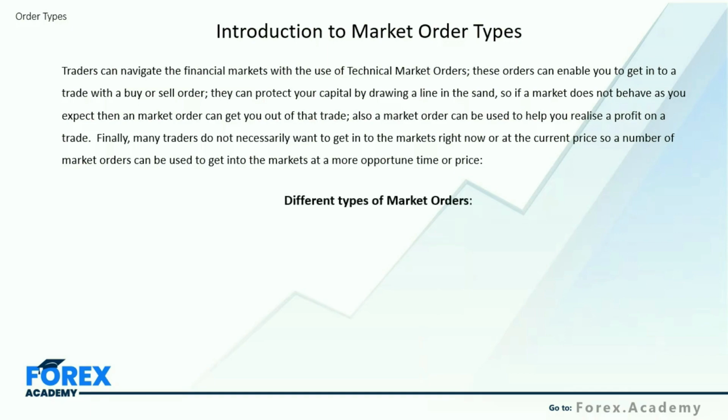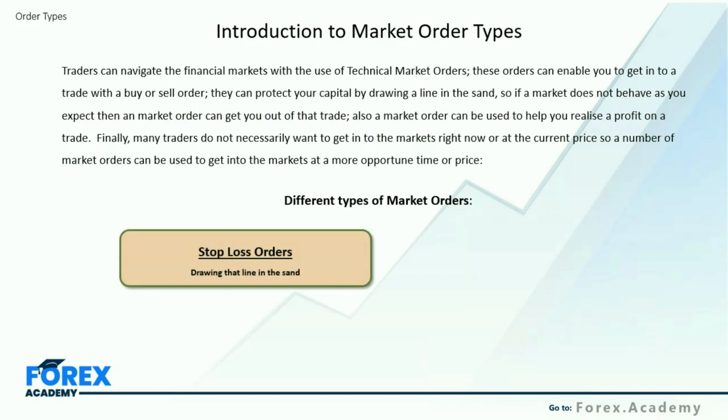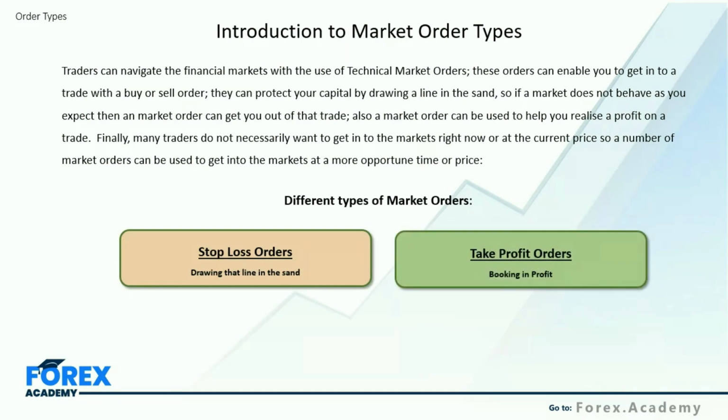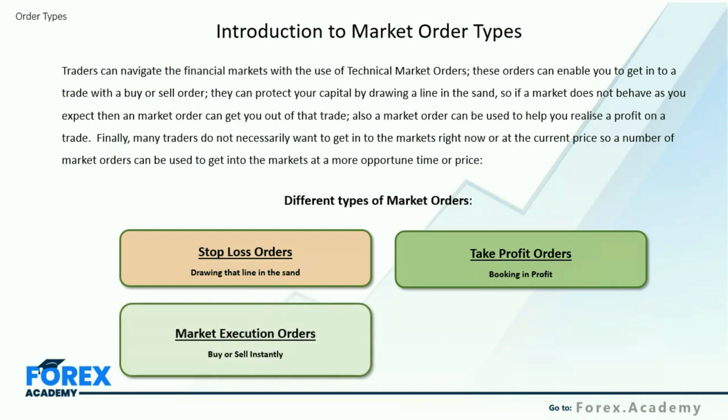So for this, and to just give you a generic overview, to break down the different types of market orders, we have stop loss orders, and this is protecting your capital. So that is effectively drawing a line in the sand. We also have take profit orders, which is effectively looking to book in profit. We also have execution orders, which will allow you to buy and sell a market instantly.